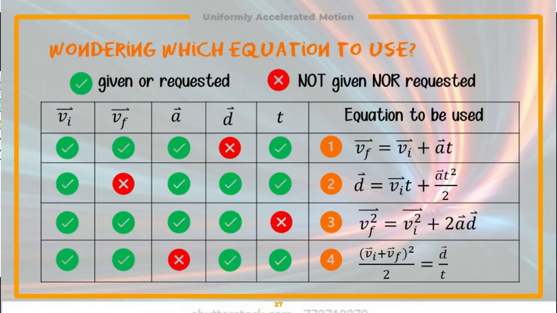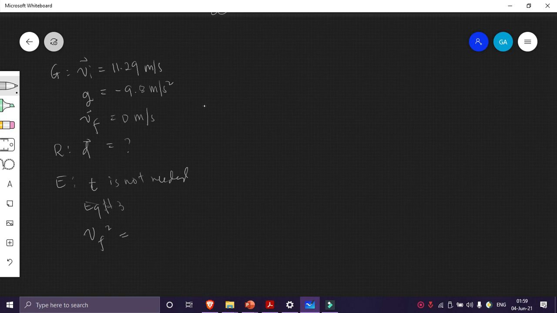we will use equation number 3. That is Vf squared is equal to Vi squared plus 2AD. So dahil hinahanap natin si D, simplify natin or i-derive natin yung ating formula.